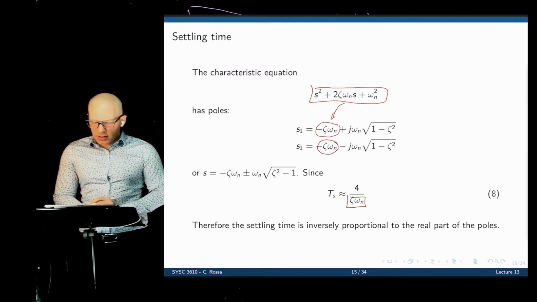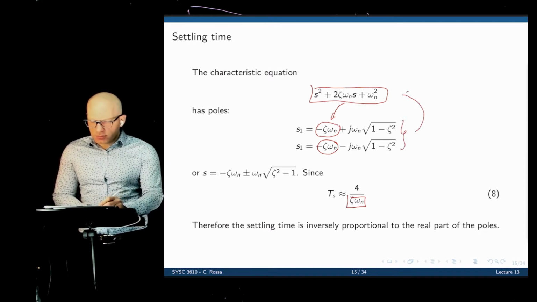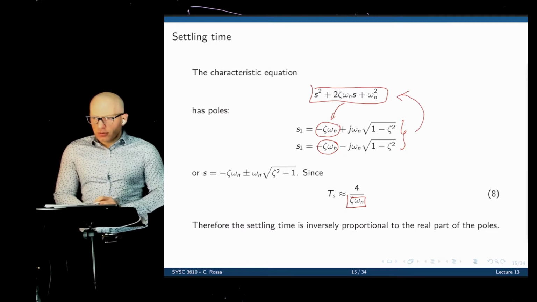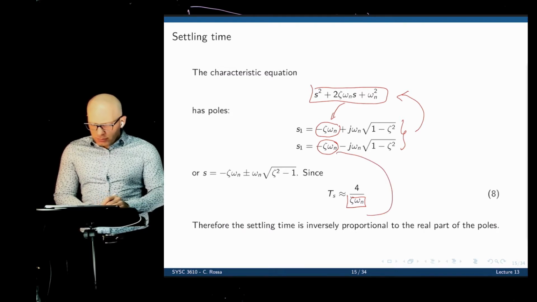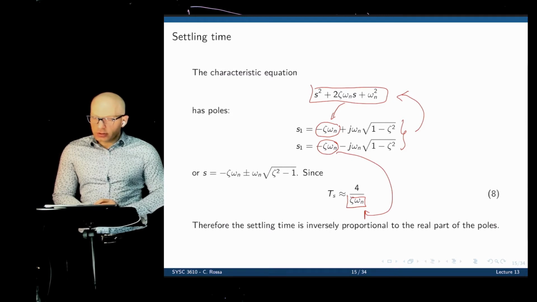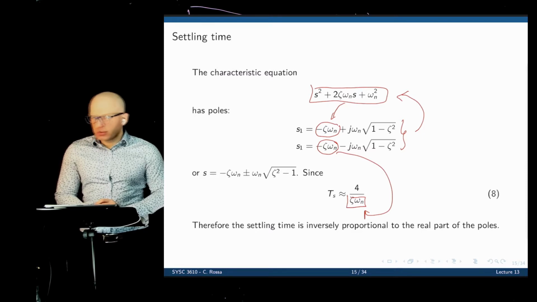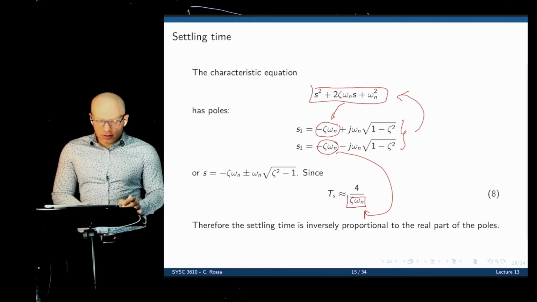Zeta omega n is in fact the real part of the pole. These are the roots of this polynomial, which is the denominator of the transfer function. So these are the poles of our transfer function. And the real part of the pole is precisely what affects the settling time, which is a function of the damping ratio and the natural frequency.